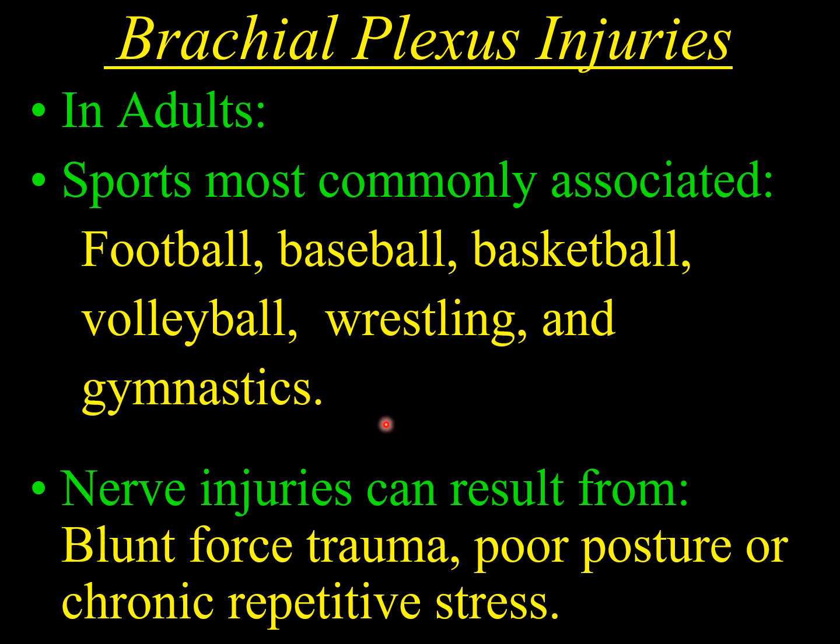Nerve injuries can result from blunt force trauma, poor posture or chronic repetitive stress. All these factors can cause injury to the brachial plexus, either inherent to games, or direct trauma, or repetitive pressure on the nerves.